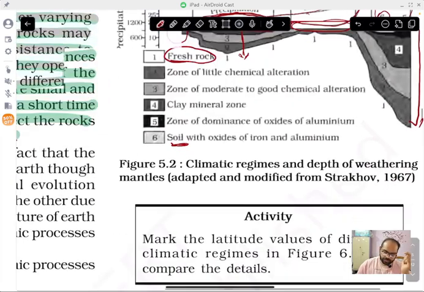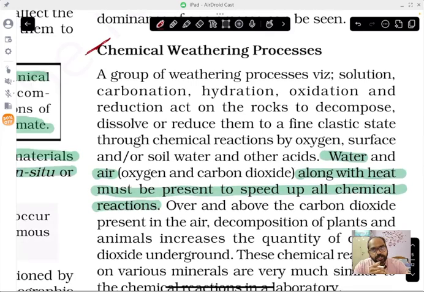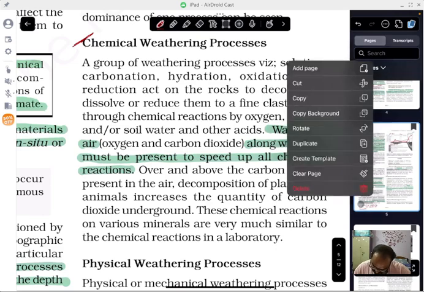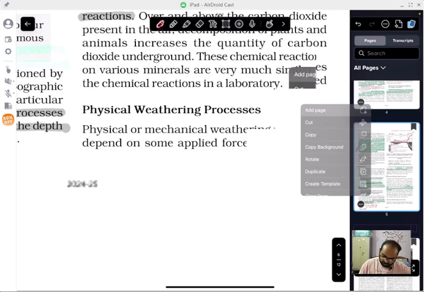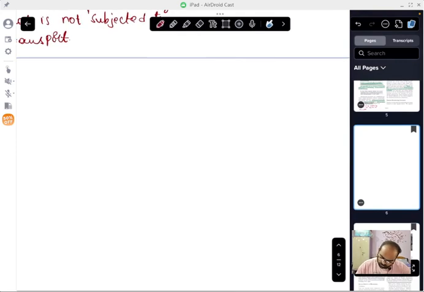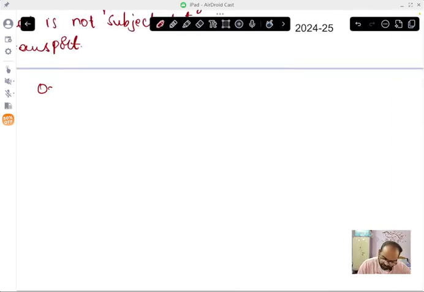So we said the operation of chemical processes like oxidation, reduction, hydration, hydrolysis, carbonation, etc. If we look at examples, for example, take oxidation: iron ore reacting with air.